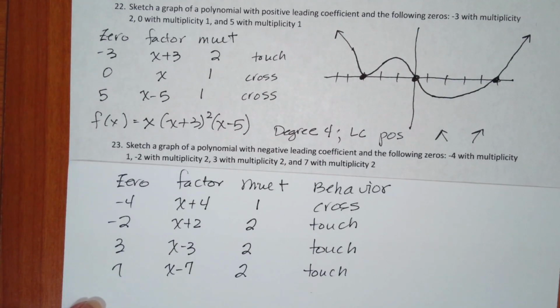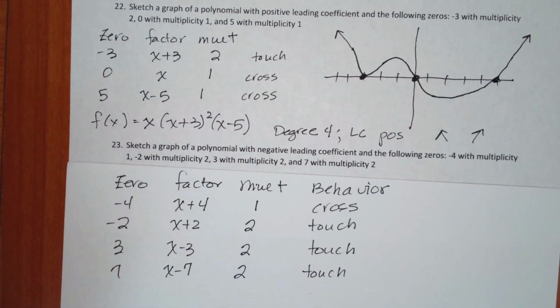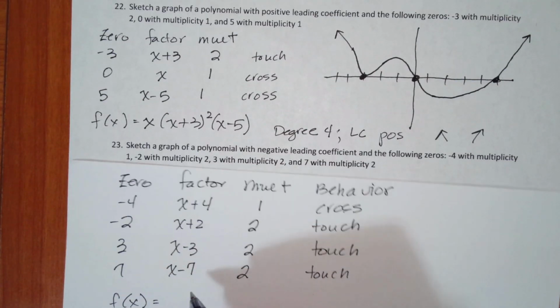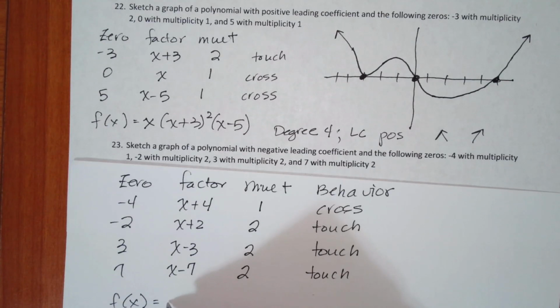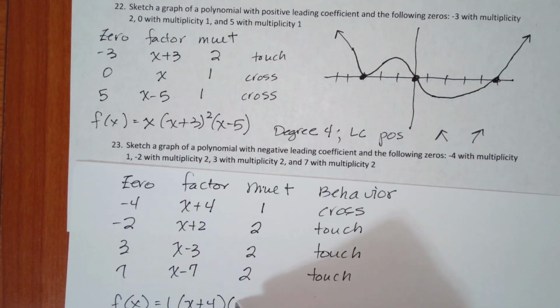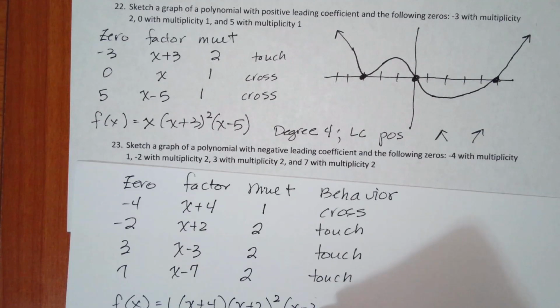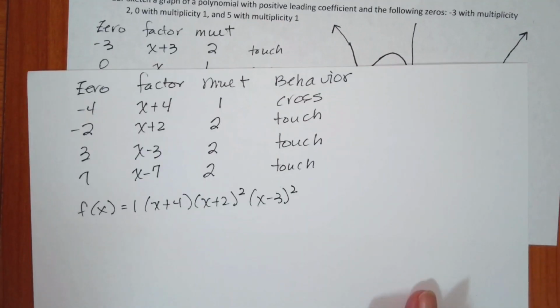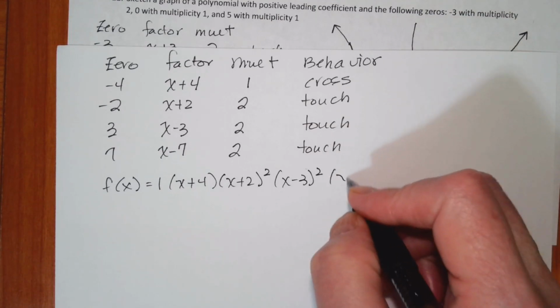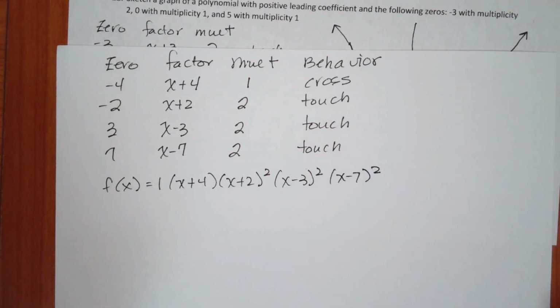Okay. Now, it doesn't tell me to write the function, but I'm going to. So this is f of x, and it doesn't tell me what the leading coefficient is. So I'm just going to call it 1 times x plus 4 times x plus 2 squared times x minus 3 squared. Oh, and I'm so sorry you can't see that. Times x minus 7 squared.